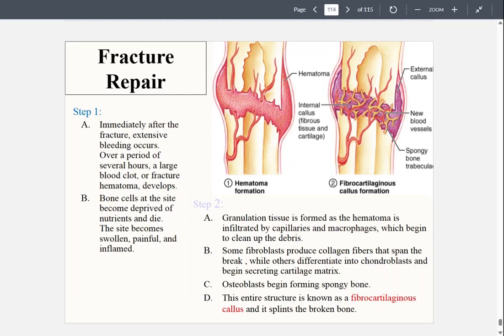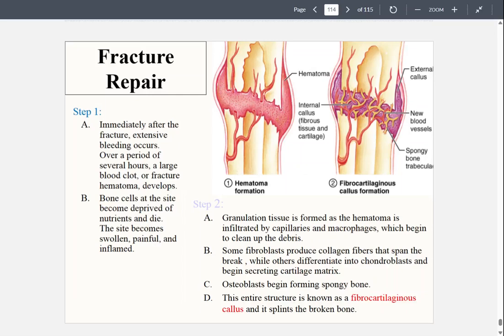During this process, we're also going to get the formation of chondroblasts or cartilage cells. These are going to start to secrete the cartilage matrix. From there, we're going to have some of these chondroblasts form into osteoblasts. We're going to start to form a spongy bone.